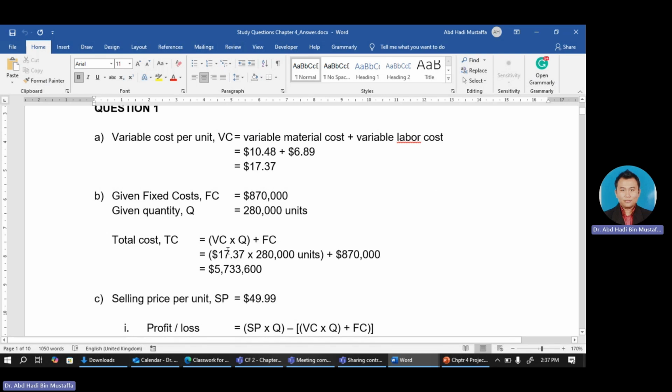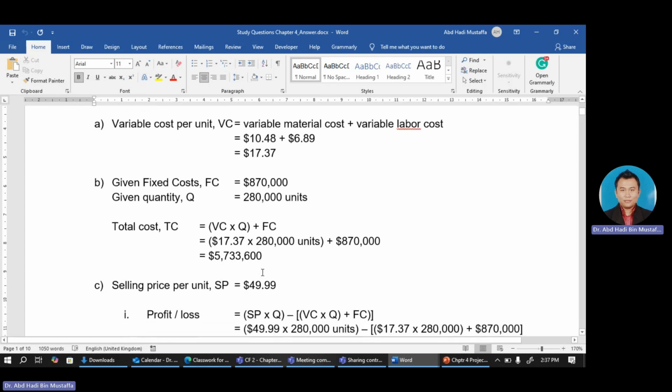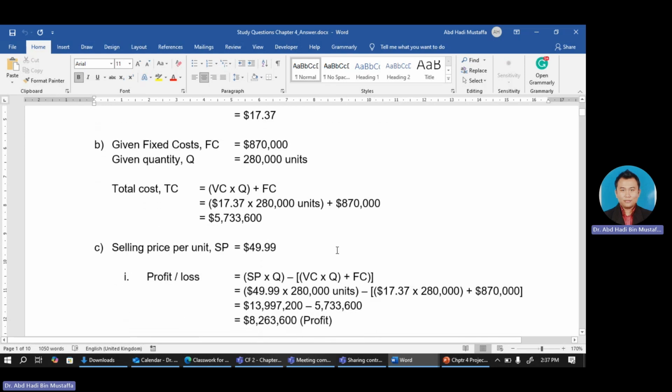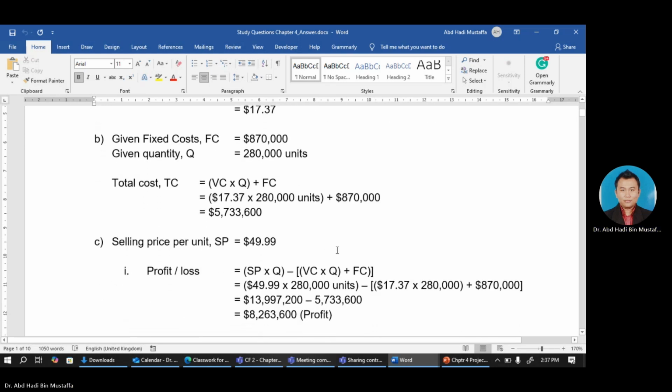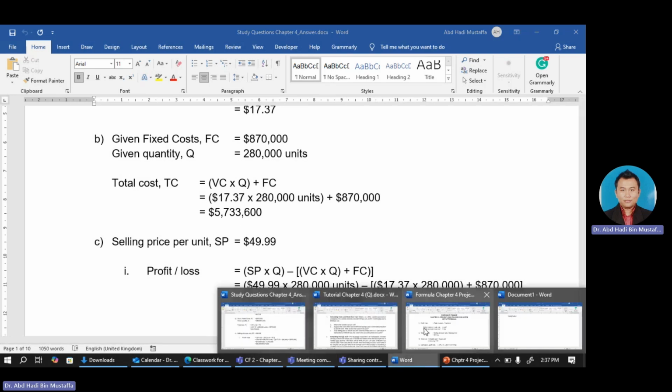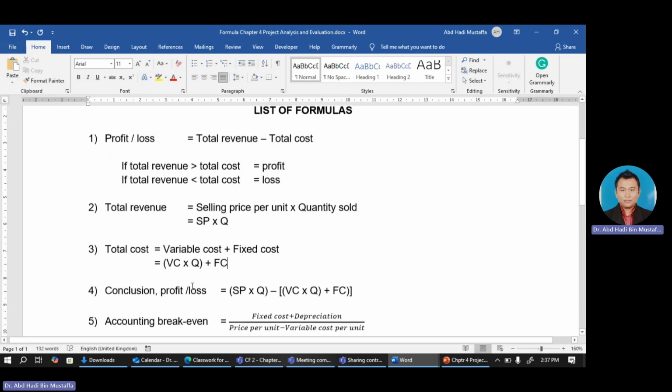And remember you already calculated variable cost, $17.37, multiplied by 280,000 units plus the fixed cost of 870,000. So once you perform the mathematical function, you will get this answer, 5,733,600. Which is formula number 3, I think. Yeah, this one.